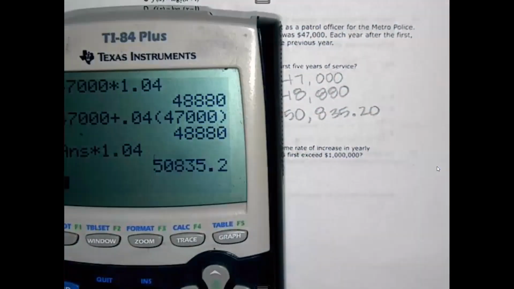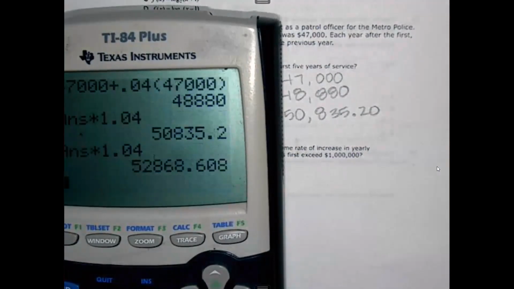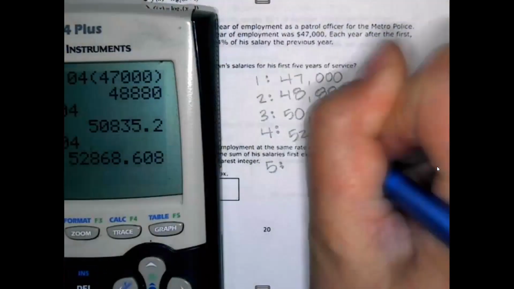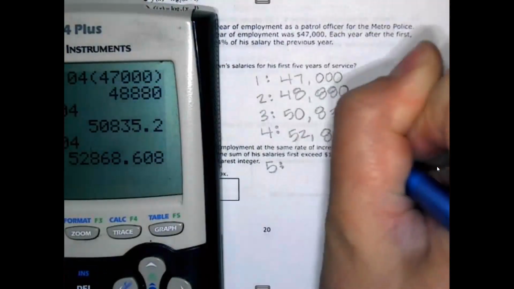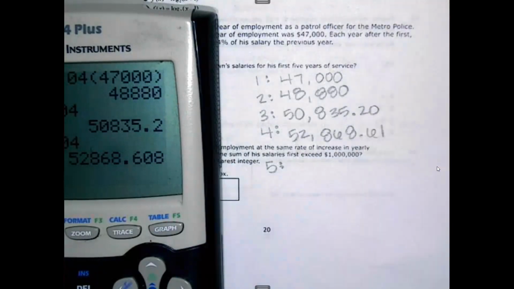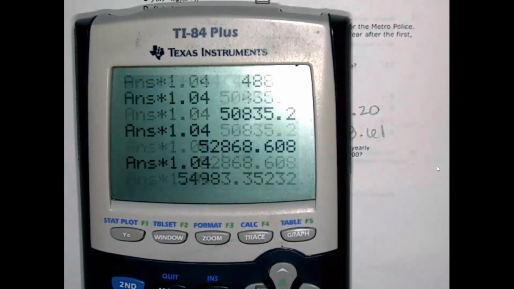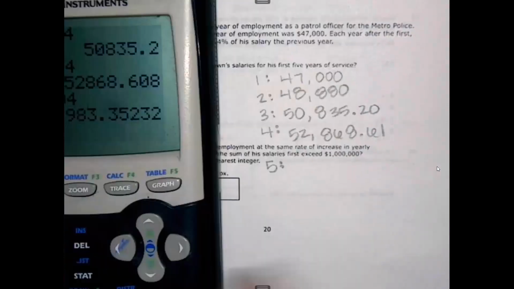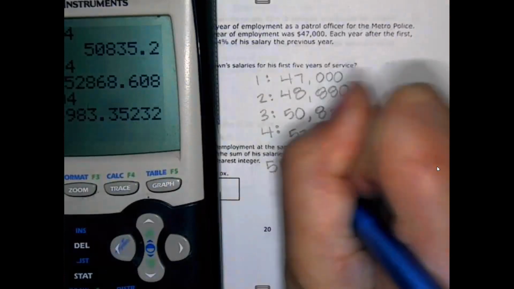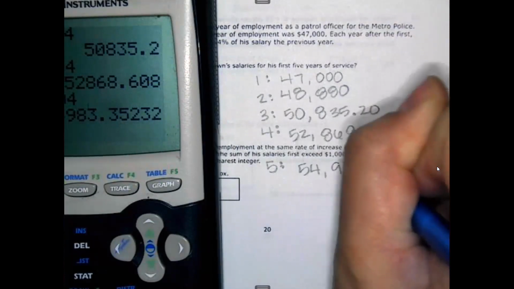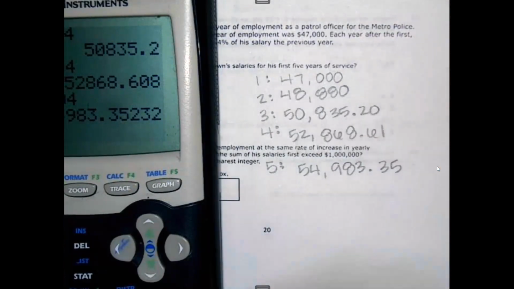We're gonna multiply again. 52,868.61. We're gonna multiply again. 54,983.35.